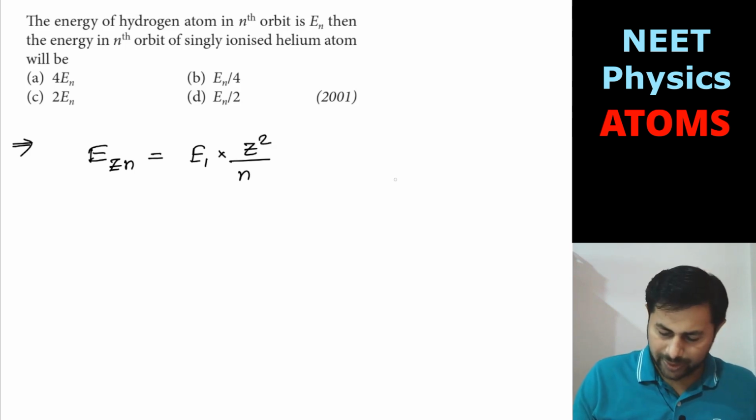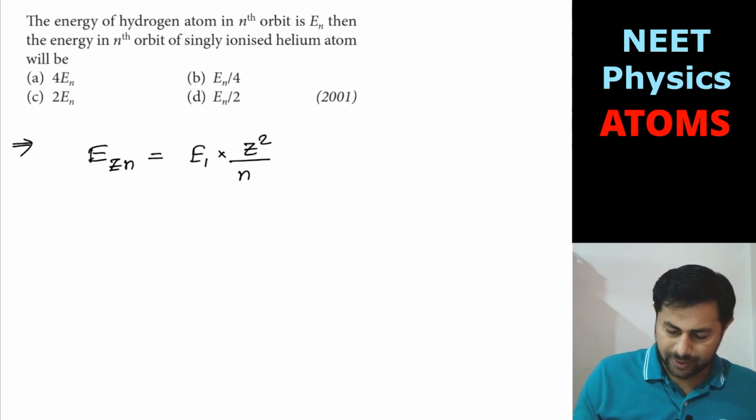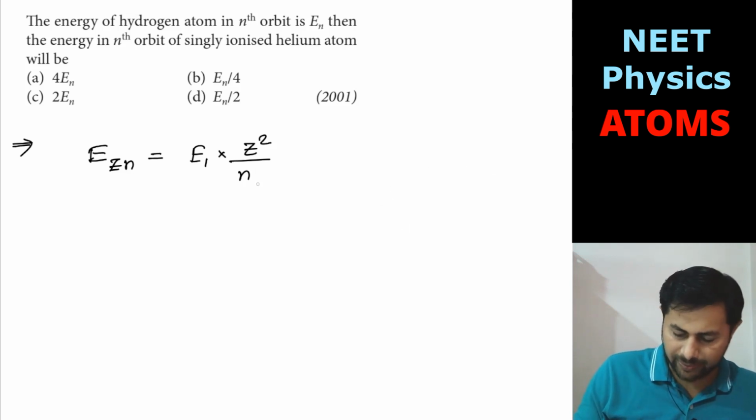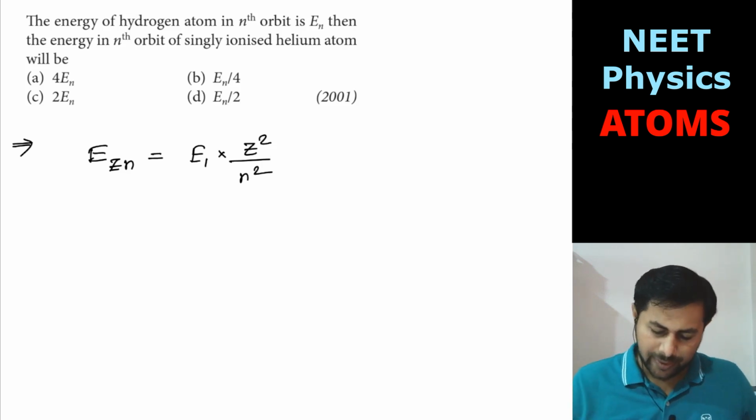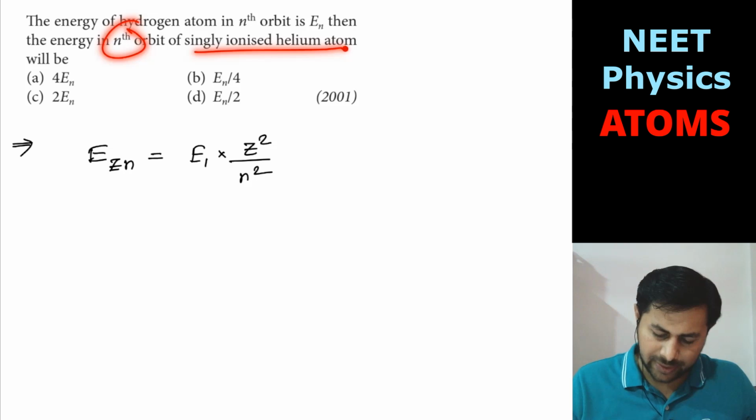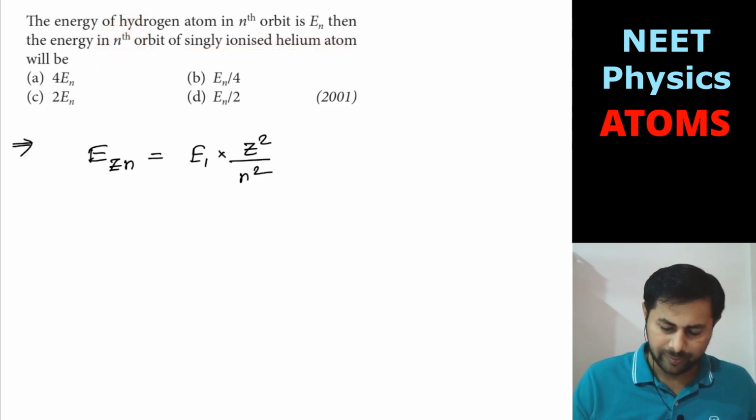What's the formula of energy? m e to the power 4 multiplied by 8 pi epsilon naught h square n square, right? So Z square is in numerator, n square is in denominator. So E1 times Z square by n square. Then energy in nth orbit of singly ionized helium atom will be, right?